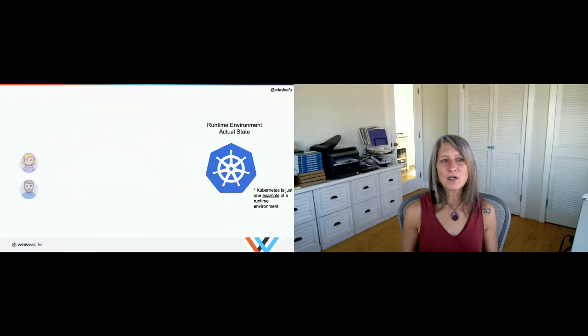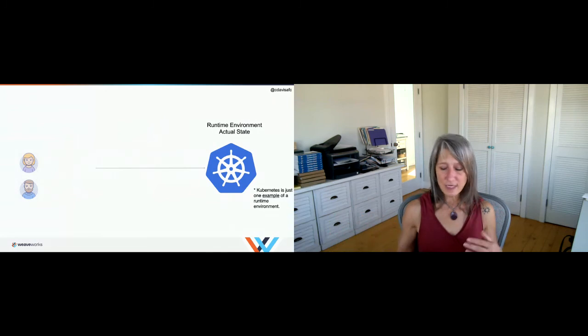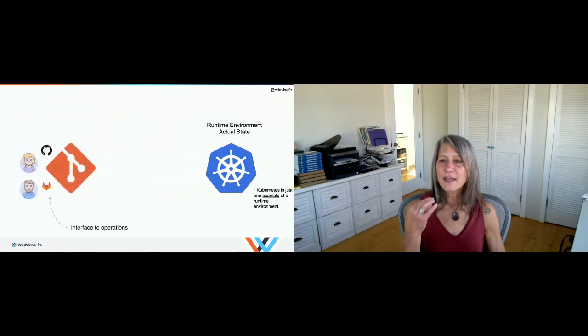On the opposite end, we have developers and DevOps engineers who are responsible for keeping things running properly in that runtime environment. How do they do that? Well, they are going to store their declarative application configuration in a versioned immutable store like Git.